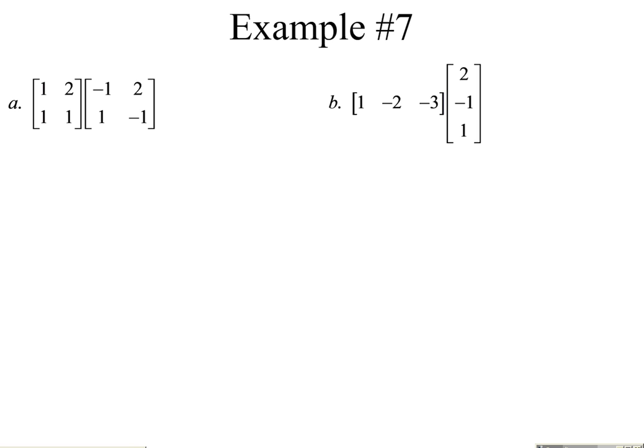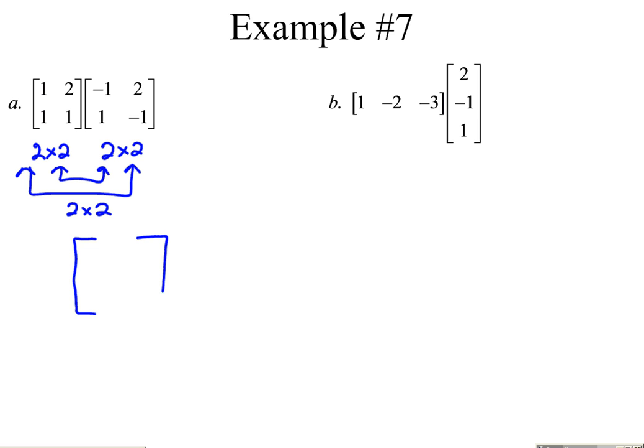Number 7. Once again, we have a 2 by 2 times a 2 by 2. Middle numbers match. Outside product, we're going to get a 2 by 2 matrix. Row 1, column 1, negative 1 plus 2.